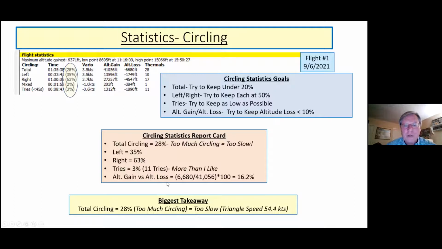Altitude gain versus altitude loss was 16.2%, and you should try to keep that below 10%. So that was not real good either. But all that said, you'll see later on, I did about as good as everybody else did that day on that flight. So I'm not going to beat myself up too much, but these are the goals that you try to achieve to continually do better.